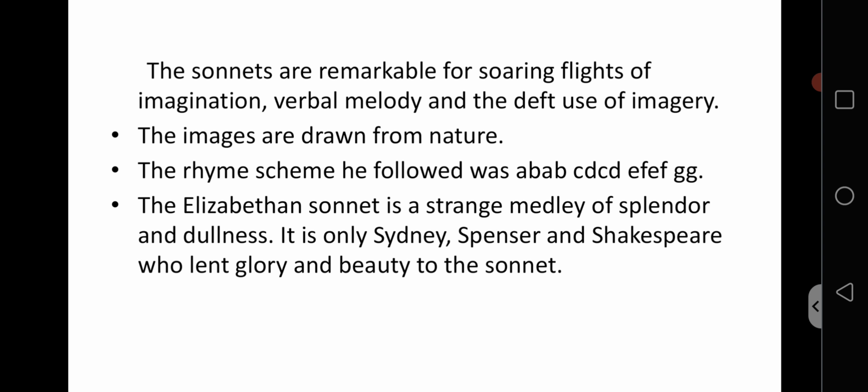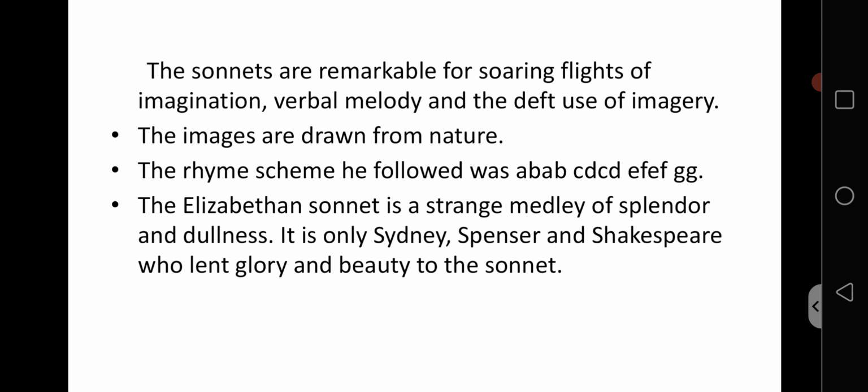So the Elizabethan sonnet is a strange medley of splendor and dullness. Medley means mixture. Splendor means vaibhava. Dullness means patchu. So Elizabethan sonnet is a mixture of splendor and dullness.